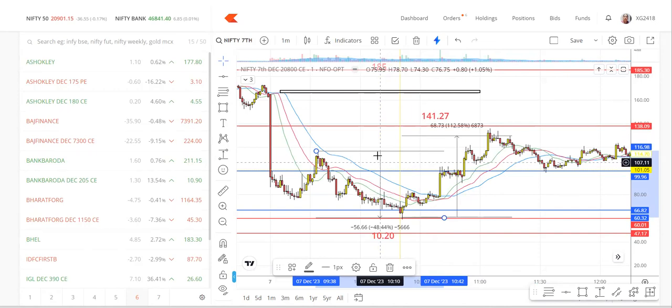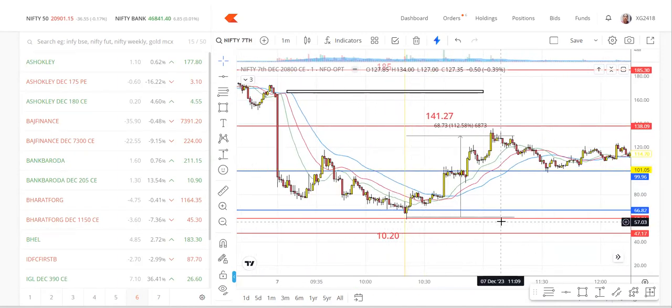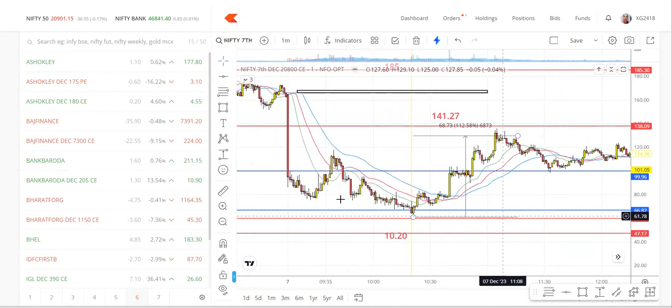You need to do calculations beforehand and the levels to work out with. That's how, by cross-checking with all the things, you can succeed. Even the Alligator will help you to take the trade.